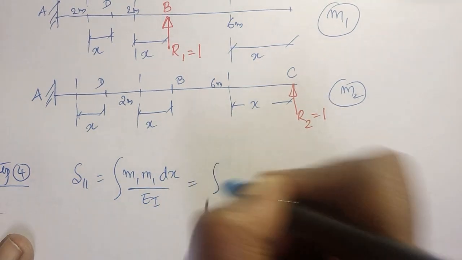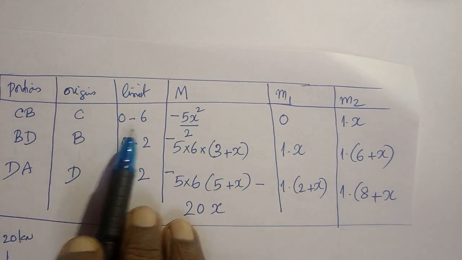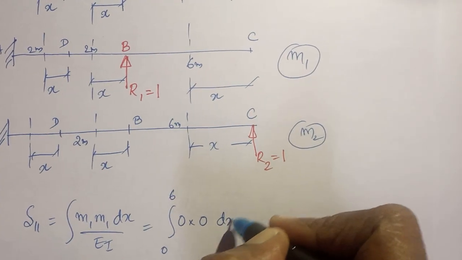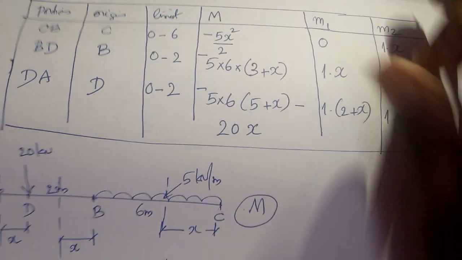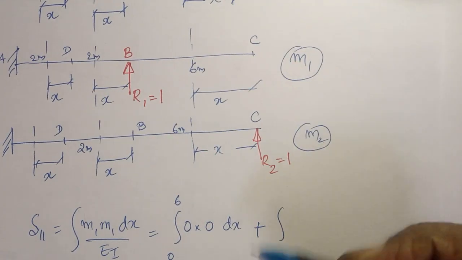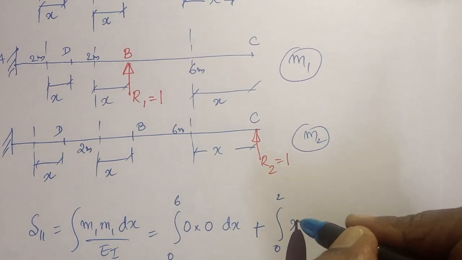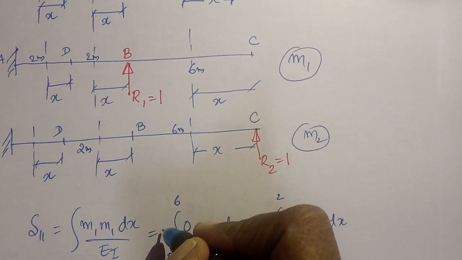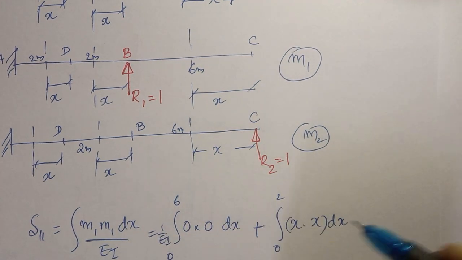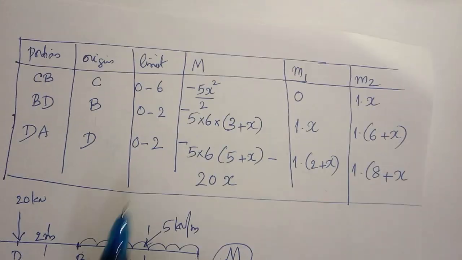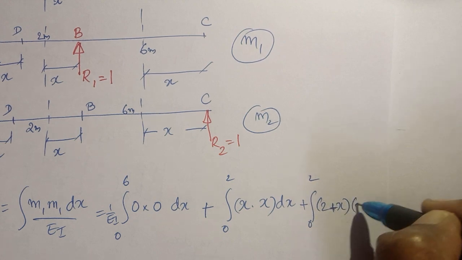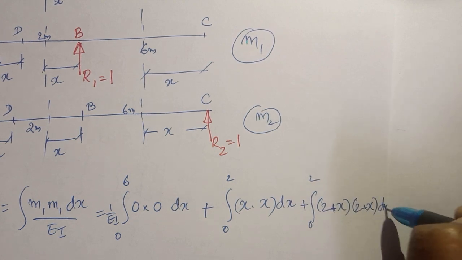So here integral, first one 0 to 6, M1 is 0, M1 dx, plus second portion 0 to 2, x into x dx, definitely 1 by EI is there, plus third portion 0 to 2, 2 plus x into 2 plus x dx.